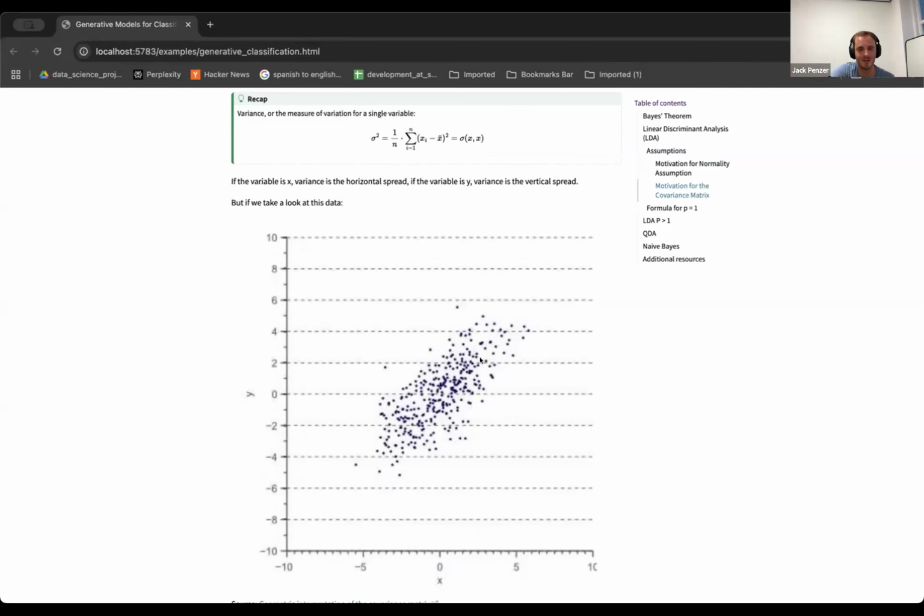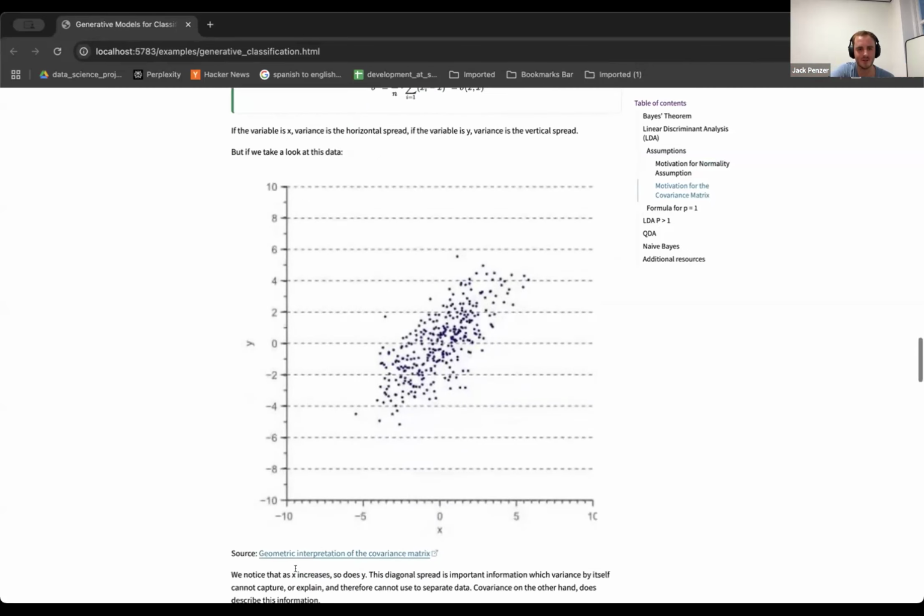If you think about what variance is, say this data here, and this is from a pretty good little thing that I've linked to in the resources. The variance along X can tell you about stuff that's horizontal spread. And the variance of Y can tell you about stuff that's vertically spread. But variance cannot give you information about diagonal spread.